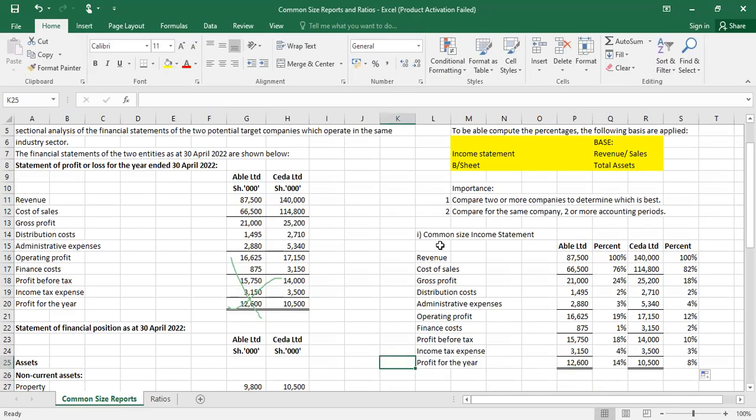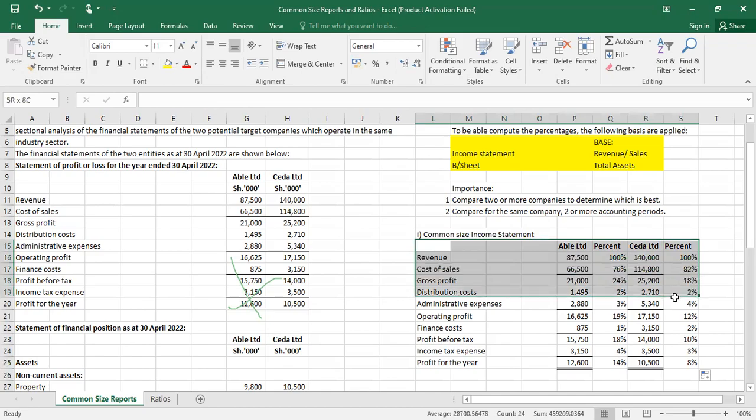So this is what we call a common size income statement. Apart from the traditional showing of the absolute figures for each line item in this report, we also show the percentage ratio for each and every line item. So it is that simple.